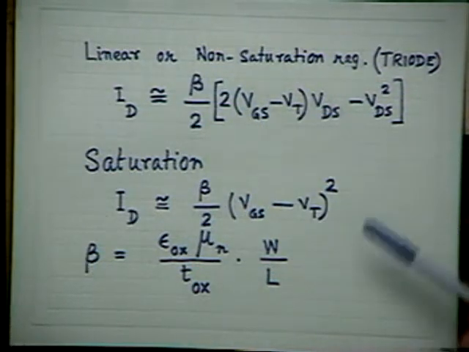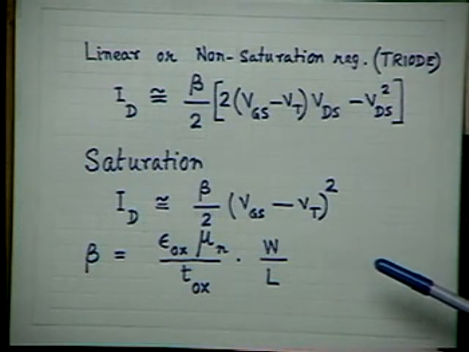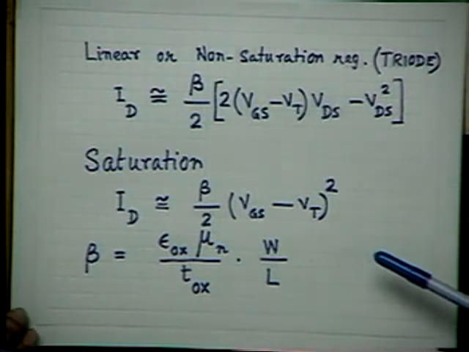So you can easily conclude, therefore, that both the self-conductance of the channel and the mutual conductance or transconductance are proportional to beta. The higher the value of beta, the more will be this conductance, either the self-conductance of the channel or the mutual conductance.